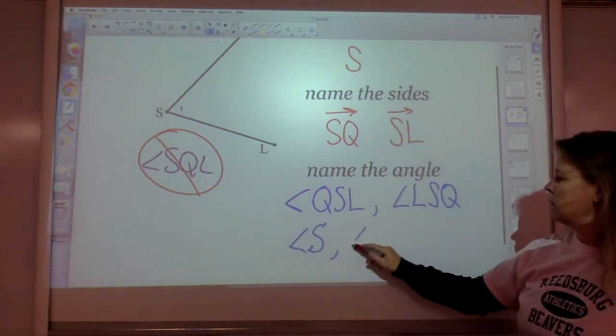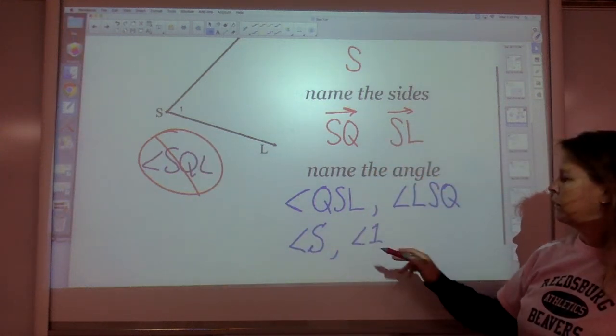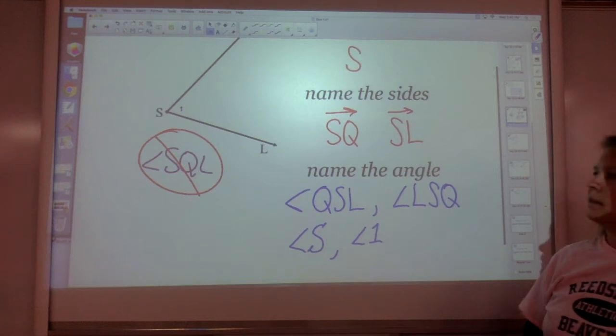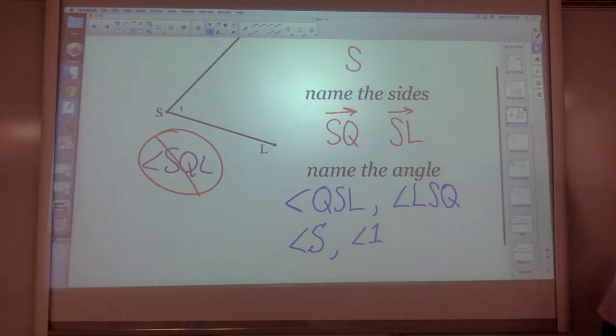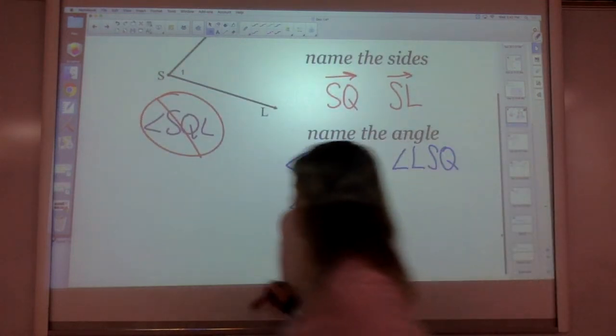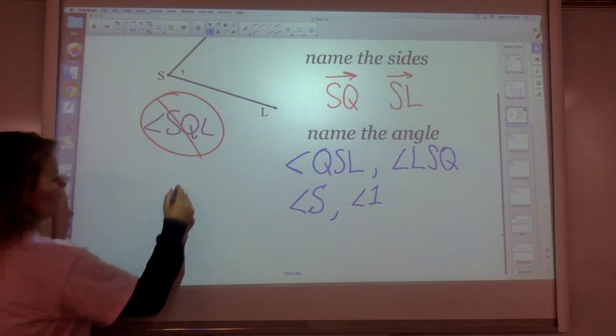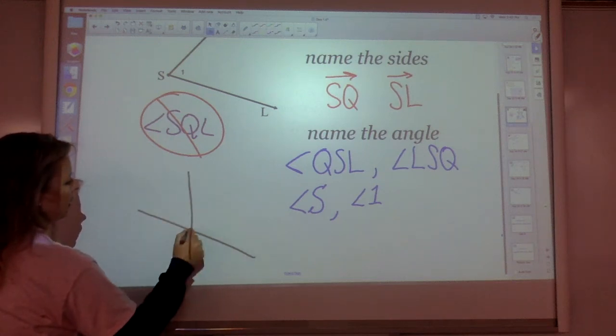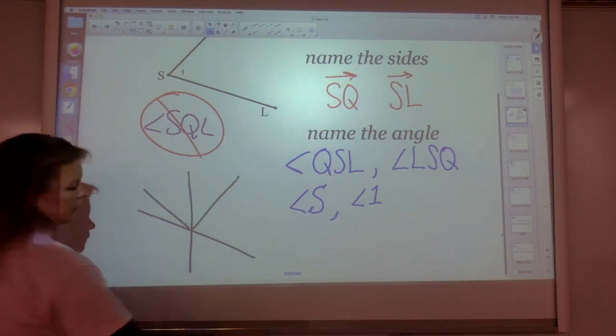And finally, the last thing that you can name this, if you can see that right there, there's a little 1. Sometimes they put a 1 or a 2 or a 3, any number inside an angle. If they give you a number, you get to name it by the number, angle 1. And we talked about shortcuts with lines and planes. It's because sometimes you might have a diagram that has this many different angles in it.